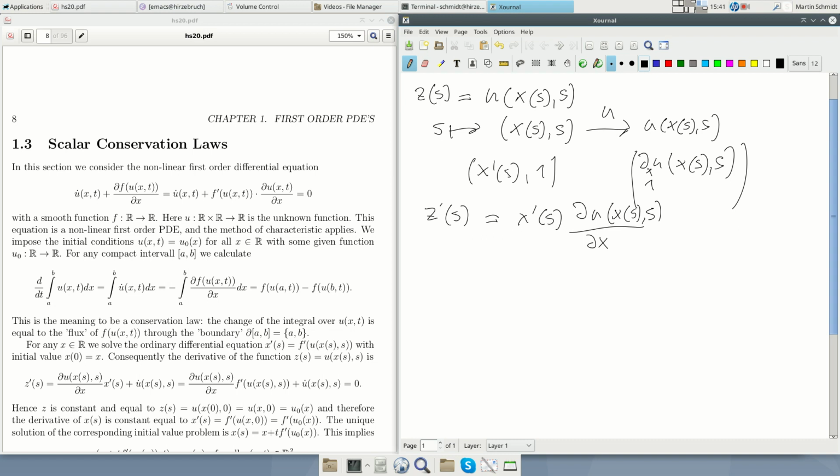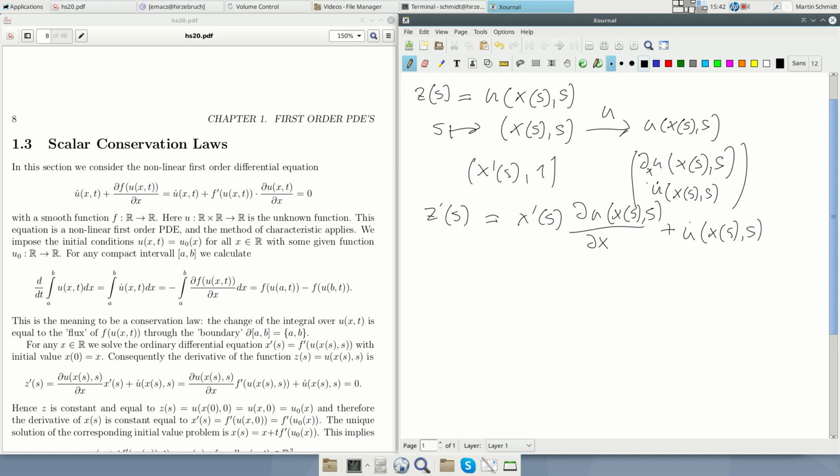And the second derivative, what is the second derivative? Also here the derivative, this is of course u dot of x of s comma s. Okay, and here plus 1, so we get plus u dot of x of s comma s.